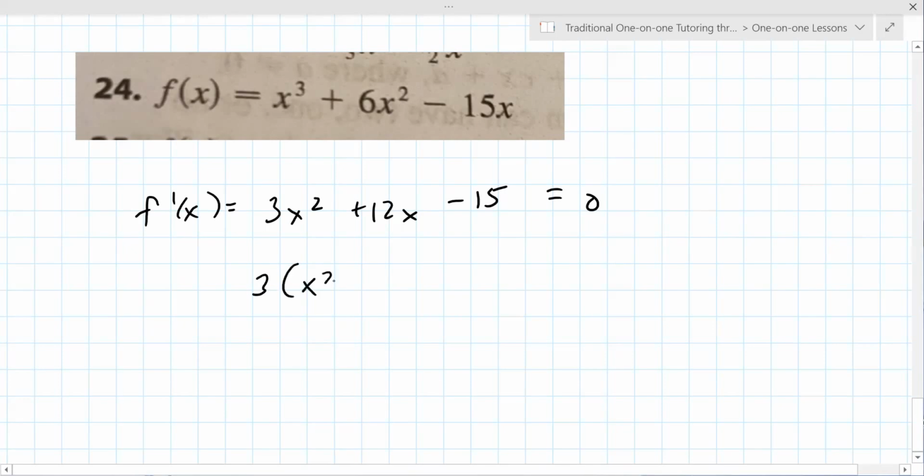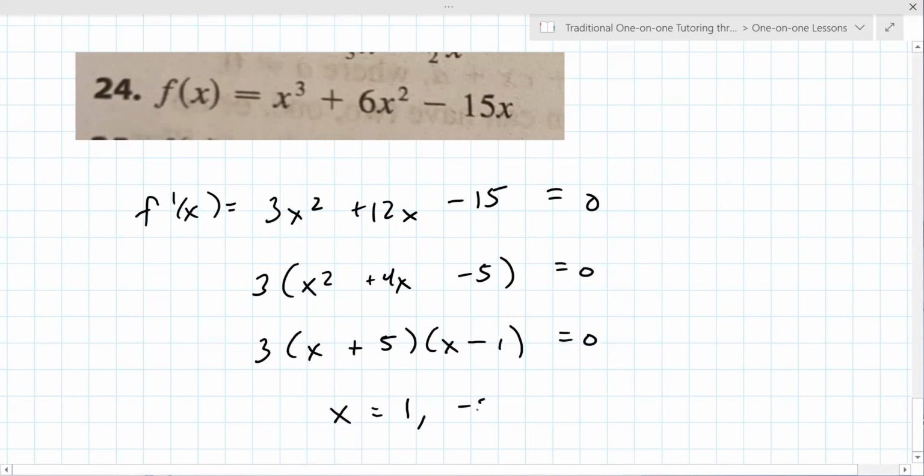You try to factor out a 3, and then you factor this: x plus 5, x minus 1. So you get 2 critical numbers, x equals 1 and x equals -5. These are your critical numbers. And if you were given an interval in the problem, you would just cross out the one that is not in that interval. Right. Now you could have more than one in an interval too. Right. So that's a possibility, but yes, exactly.